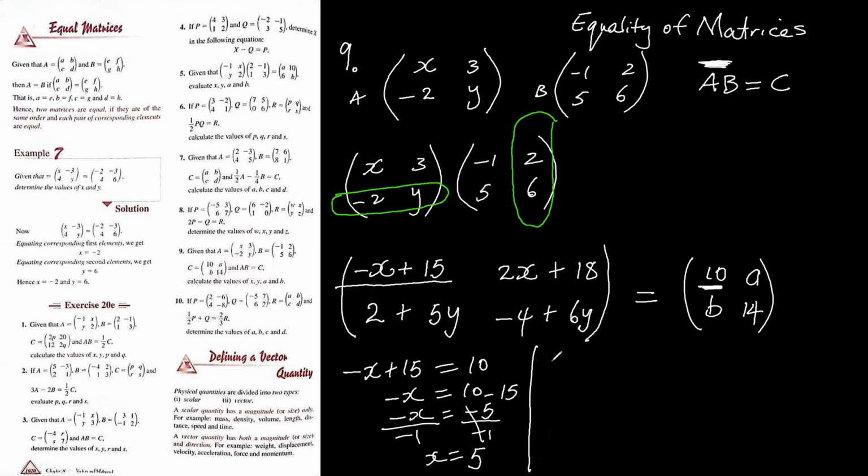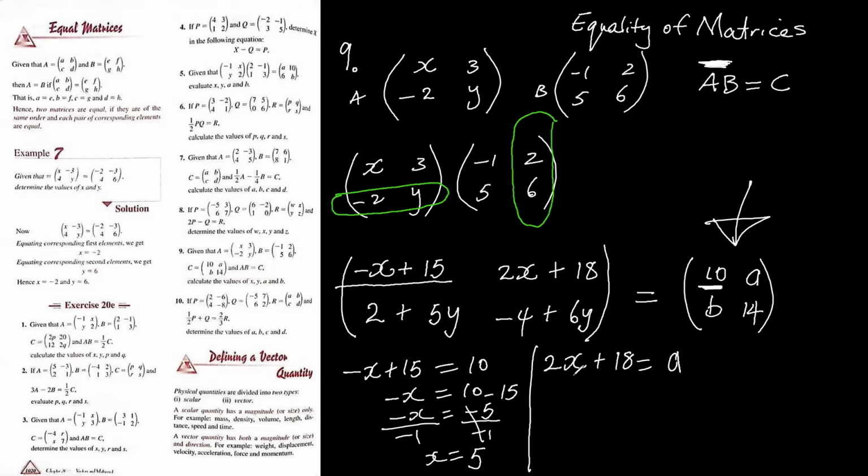We know what x is. So if I use 2x plus 18, what would it correspond to? What would it be equal to? Ezekiel, what is my 2x plus 18 equal to? What would it be in C? A. A, correct.